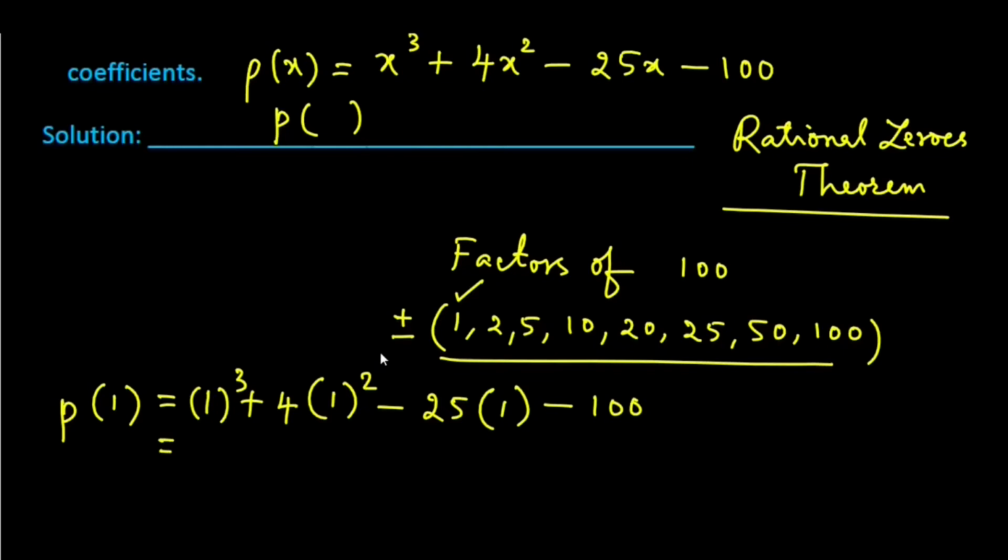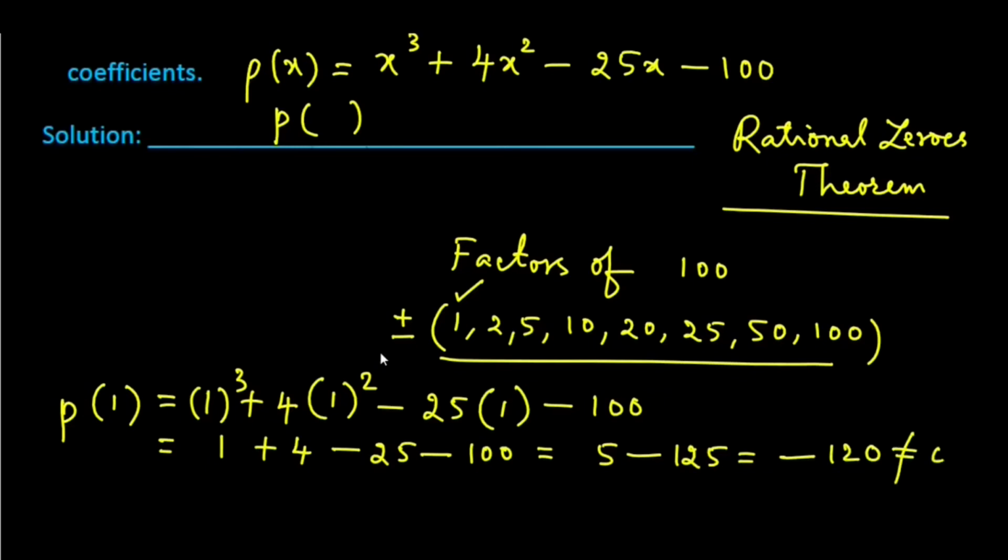This is equal to 1 plus 4 minus 25 minus 100. This is 5 minus 125. This is minus 120. This is not equal to 0.